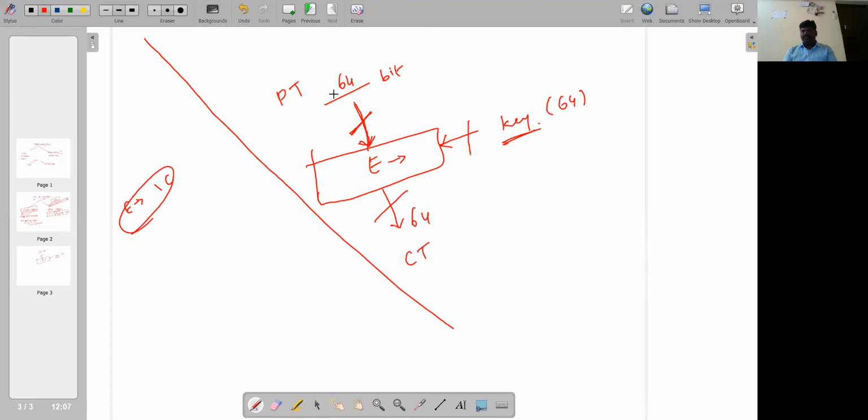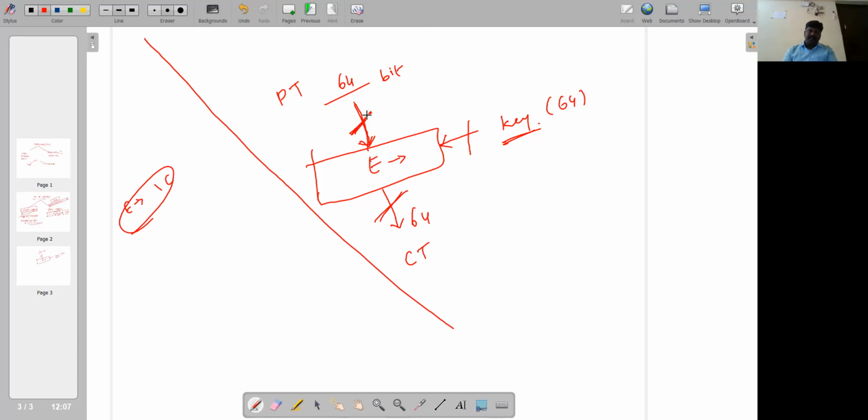It depends upon the algorithm. Different algorithms use different block sizes. The DES algorithm takes 64-bit. SHA sometimes takes 512-bit. The AES algorithm takes 128-bit. It depends upon the algorithm.